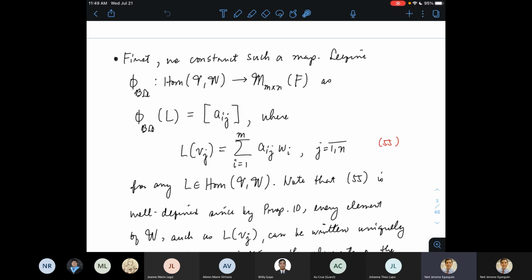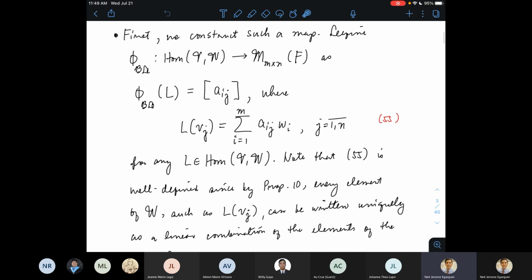All right. So medyo it takes some time to get used to how phi is defined, but don't worry, there are a lot of examples, probably 3 or 4 in the module, showing how exactly this phi works. But for now, just bear with me and let's see how the proof goes para lang makita nyo how we establish the equivalence between Hom(V,W) and the set of all M by N matrices. Okay.